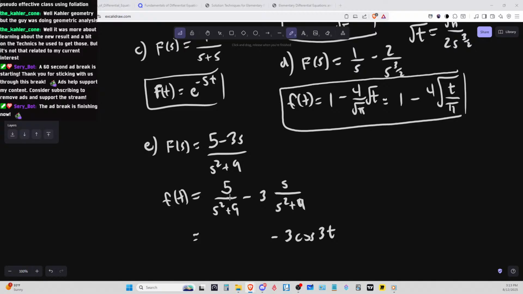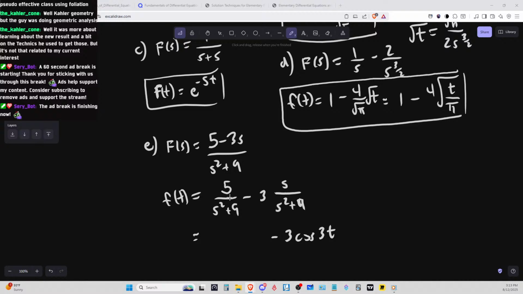I mean, like 9 minus 4 is... So maybe it's sine we're looking for. Because then we have a 3. And... no. Then that wouldn't give us 5 though. That's the problem.